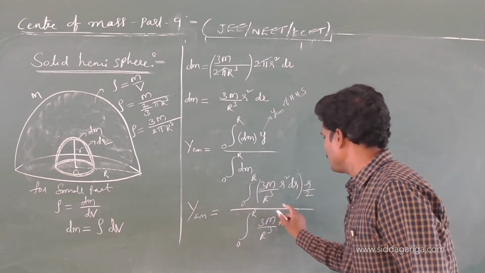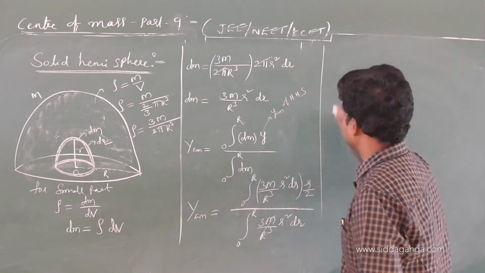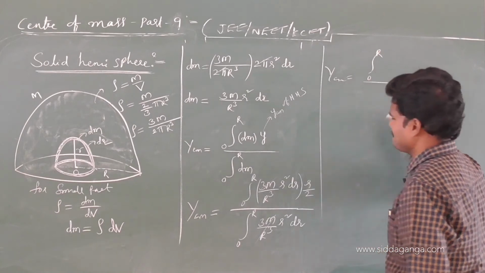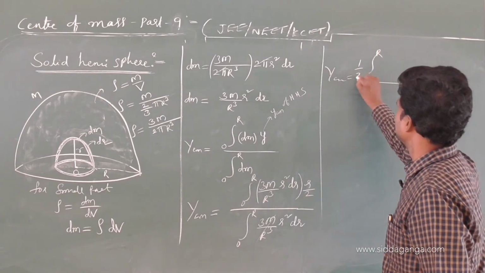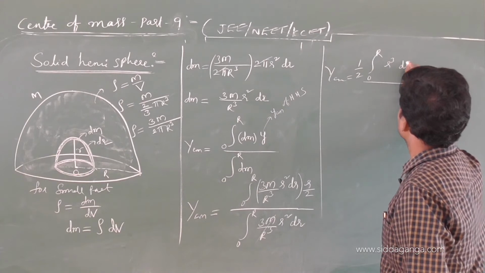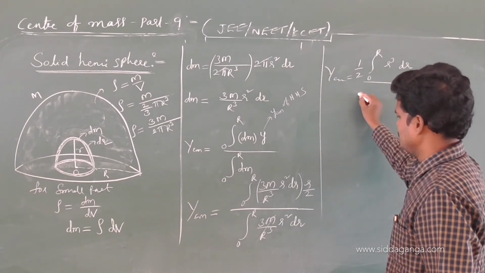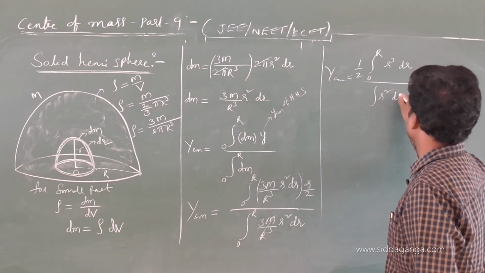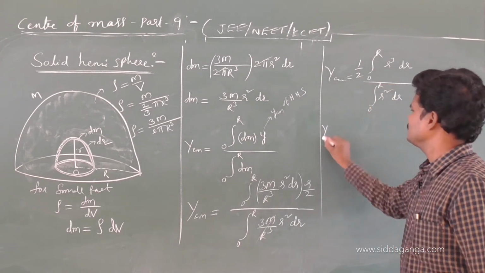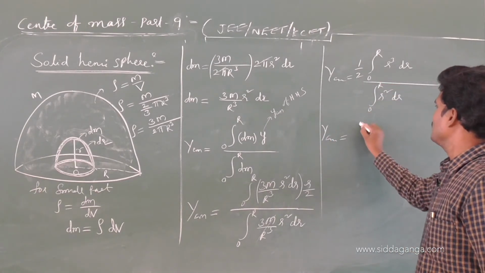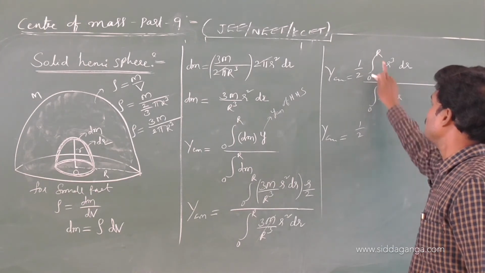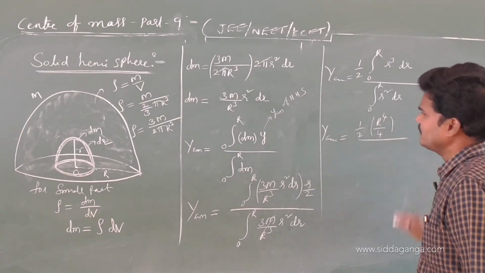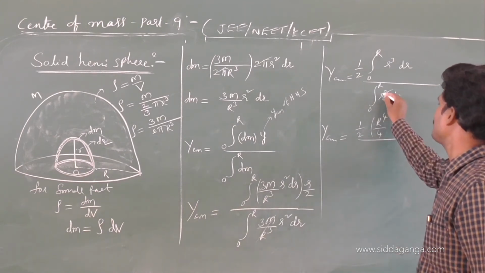3m by R cube cancels, so do it fast now. YCM is equal to the integral from 0 to R of one by two, r cube dr, over the integral of r square dr. Any pi terms? No. So YCM is one by two, R power 4 by 4, over R cube by 3.